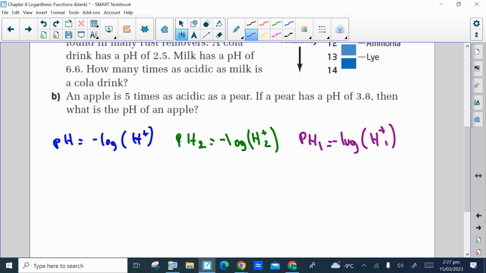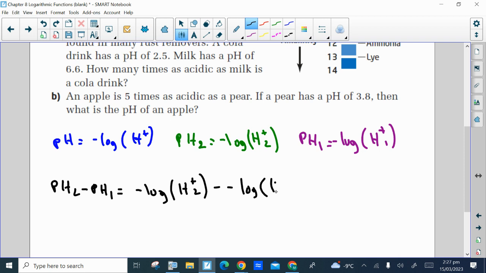And again, we need to write a subtraction statement. So it leads into division when we use the quotient law of logarithms. So it'll be pH2 minus pH1. That'll be negative log of H positive 2 minus negative log of H positive 1.